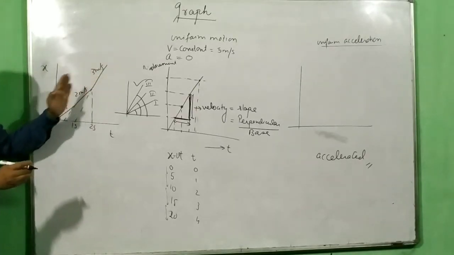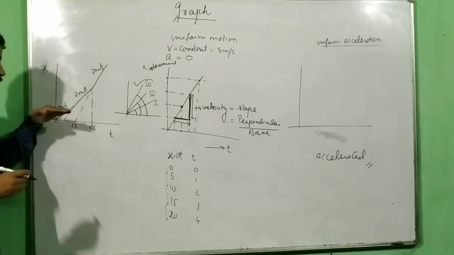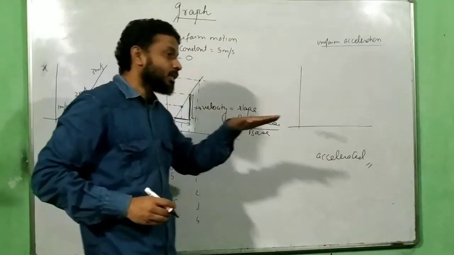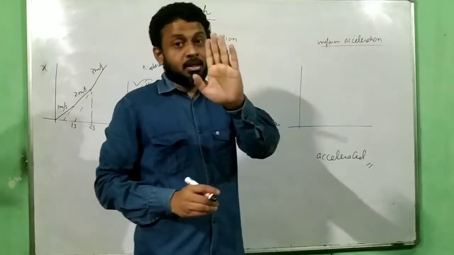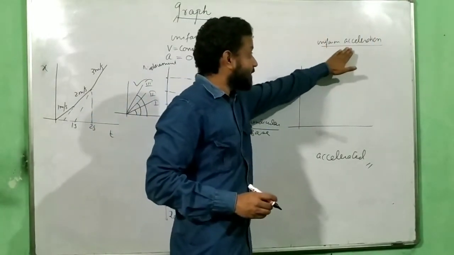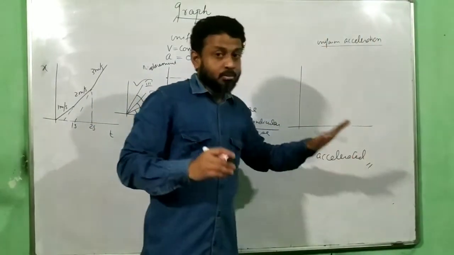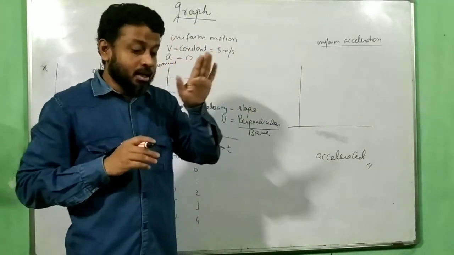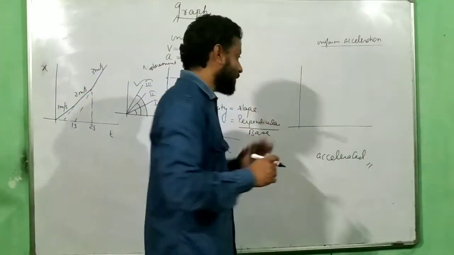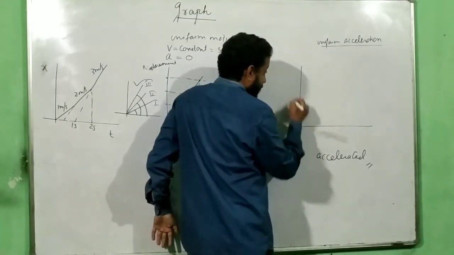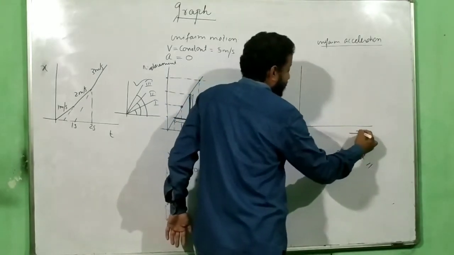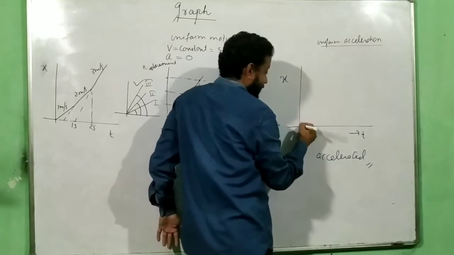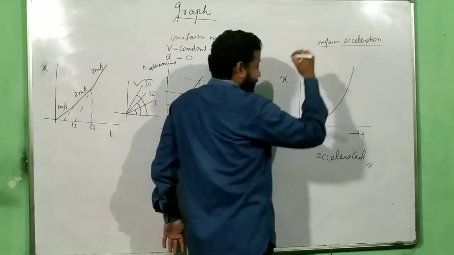Slope is increasing. That means when a body is moving in such a way that gradually its speed increases, we are talking about uniform acceleration, accelerated motion. When a body's motion is accelerated, that means when the speed is gradually increasing, the graph of displacement versus time for a uniform acceleration looks like this.